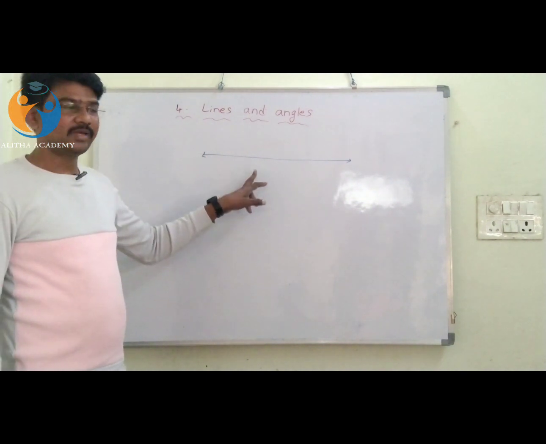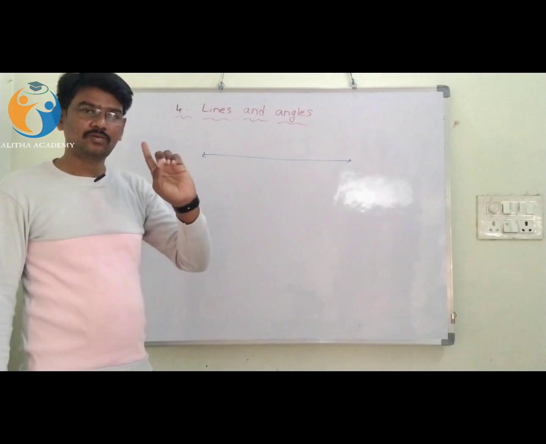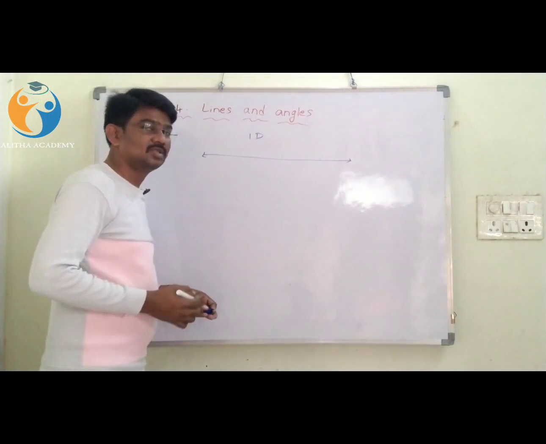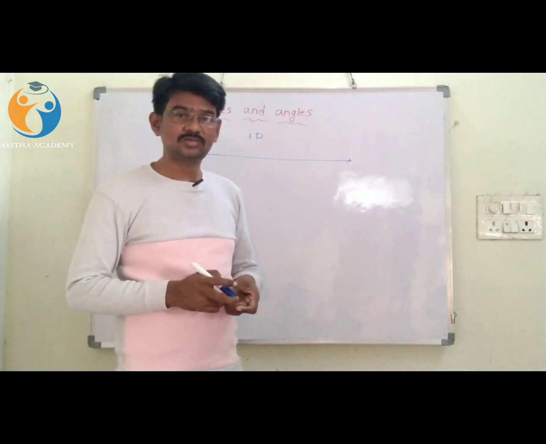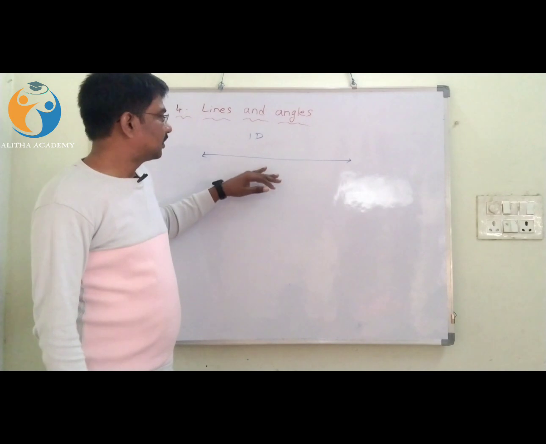One dimension is available for a line, so it is called a one dimensional picture. There are 0D pictures, 1D pictures, 2D pictures, 3D pictures.